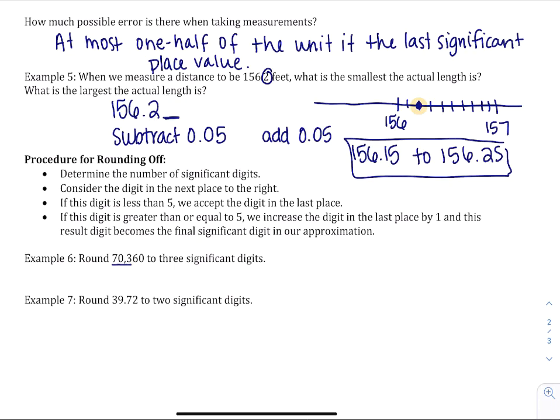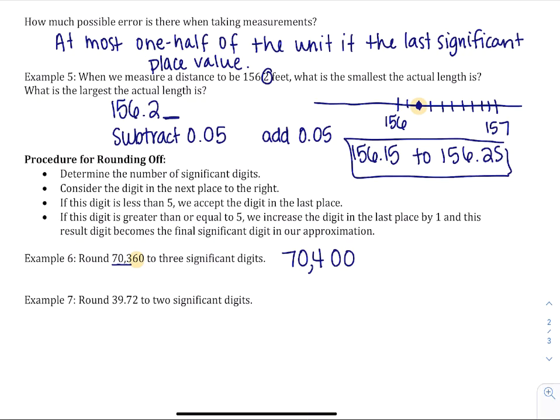I look at the very next number, the 6, and since that 6 is greater than or equal to 5, then I need to round my final significant digit up, and then everything else will become a 0. So 70,360 for 3 significant digits would be 70,400. So it's probably a little bit different of a way that you thought about rounding than you did when you were in school. Let's do one more.